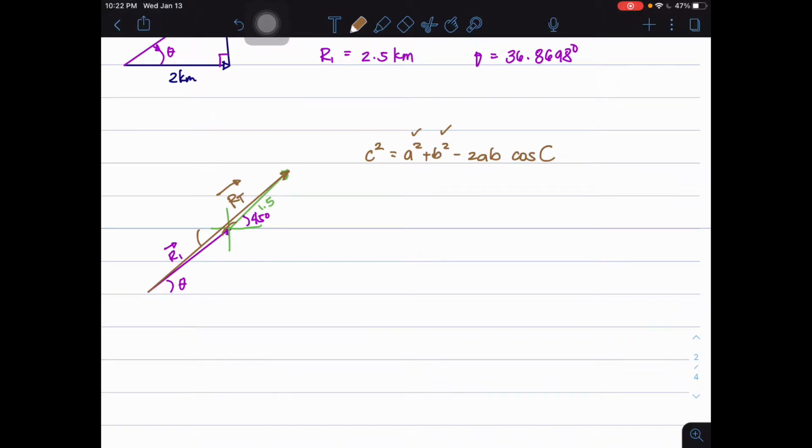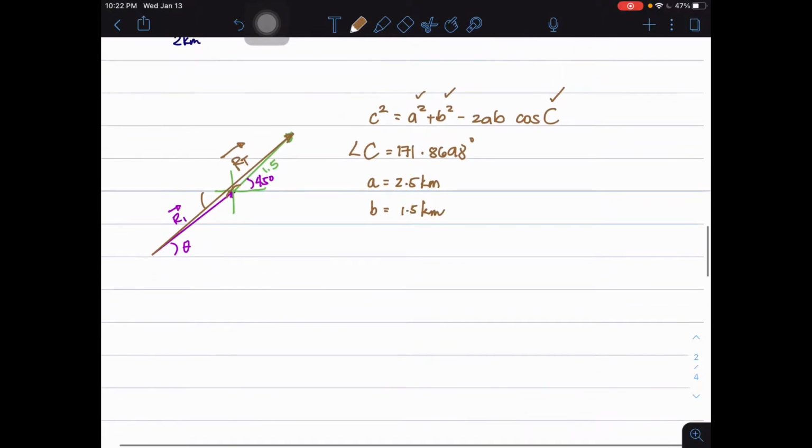Therefore, your angle C is 171.8698. Okay, your side A, let's say, is 2.5 kilometers, side B is 1.5 kilometers.